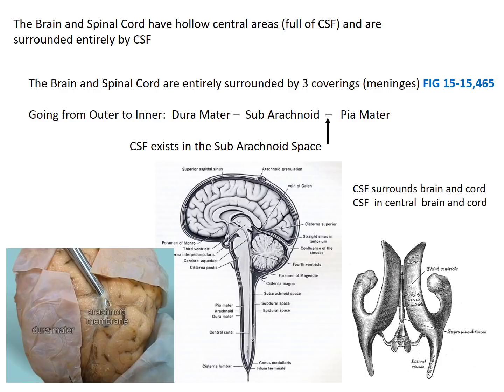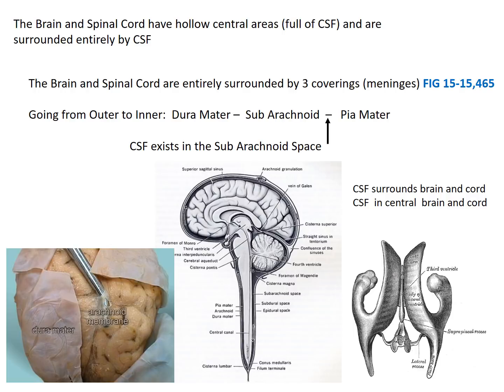And then in between the arachnoid and the pia mater is a space referred to as the subarachnoid space, and we find CSF in there as well. So CSF is in the center of the brain and spinal cord, and it also surrounds the brain and the spinal cord. And the CSF surrounding the brain and the spinal cord is located in the subarachnoid space.